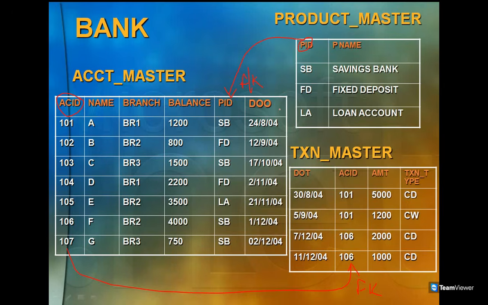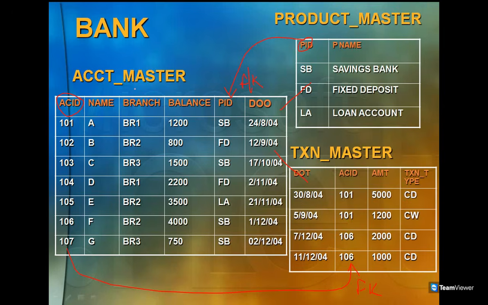Try to understand: account master with transaction master, and product master with account master. There is no link between product master and transaction master. As of now, let us take only these three tables. Is this clear or not?